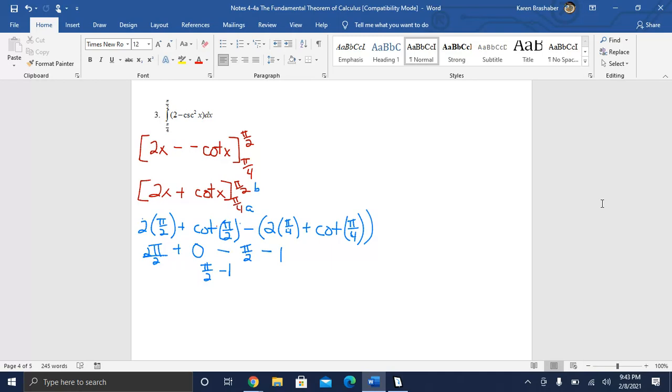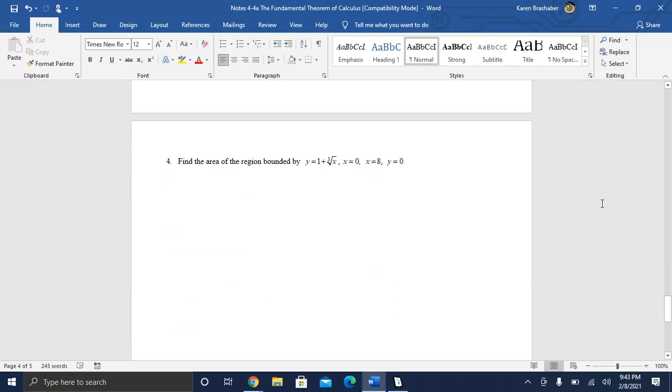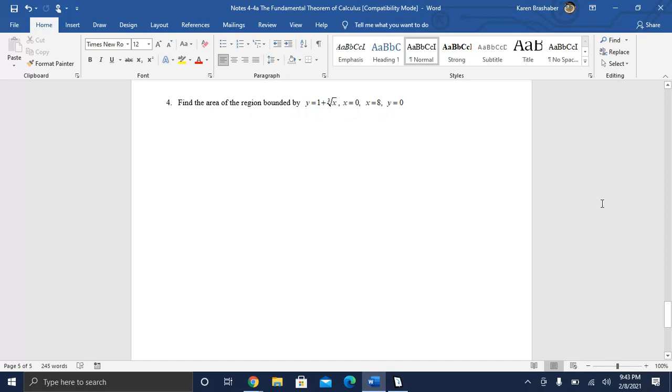And then our final example is really more about following instructions and understanding what those instructions mean. So your final example is asking you to find the area of the region.